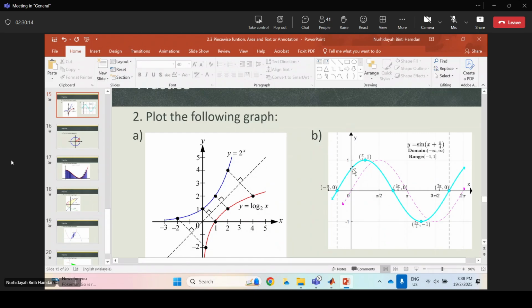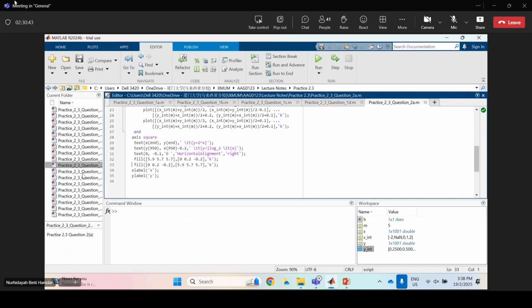You have this sine graph, and also this graph at the back, and you have this line located here, and you have a label for each marker. You can use text. Okay, let's go for the coding.